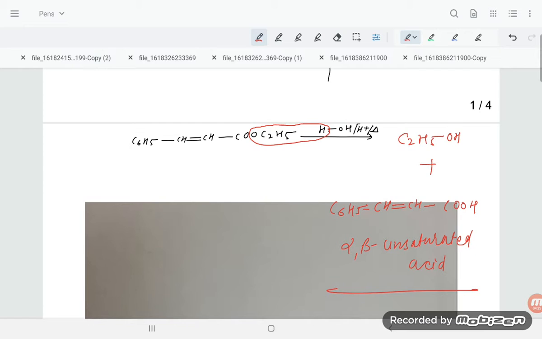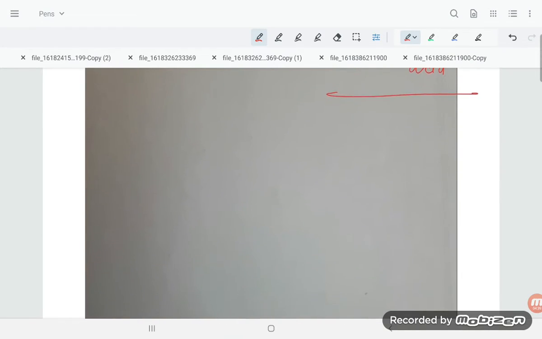Okay, students, we can have one question based on it. Let us try to solve the question based on the Reformatsky reaction. The question says: complete the reaction.